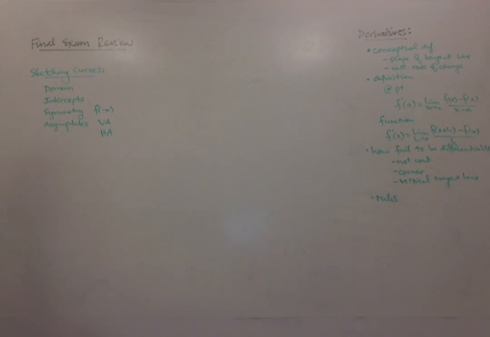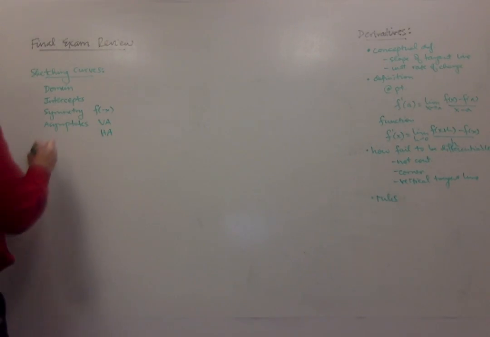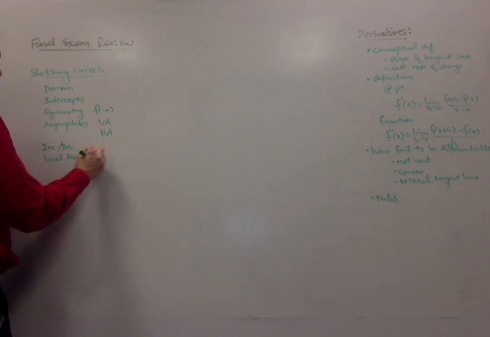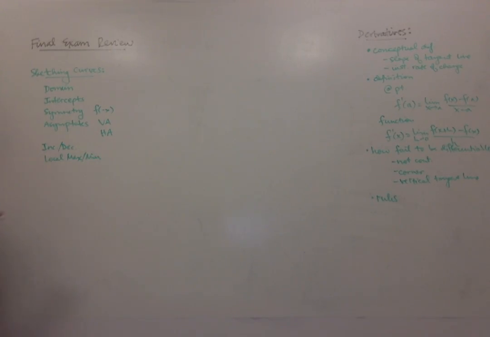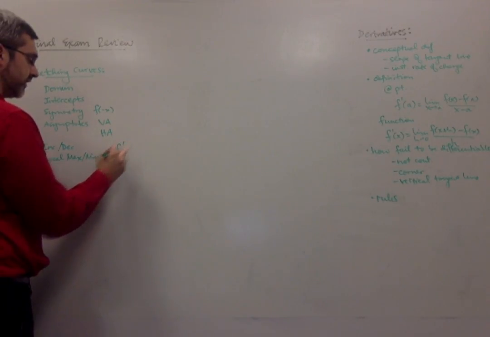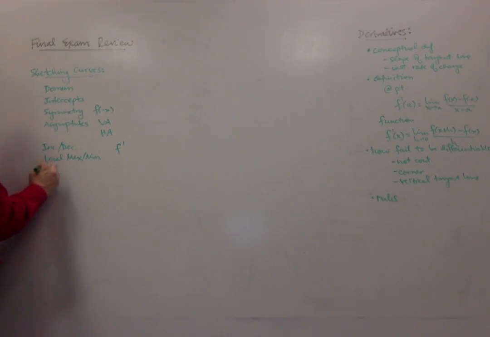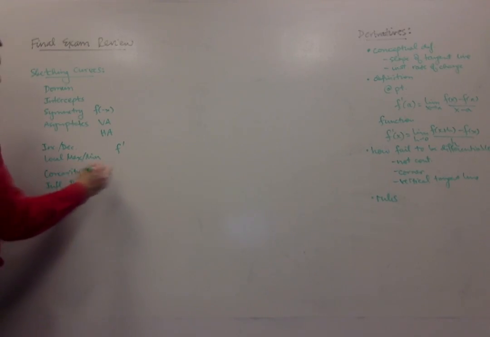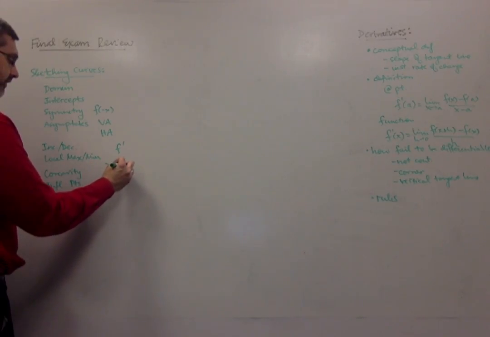That involves the domain, that involves limits at infinity. And then you look at increasing and decreasing and local maxes and mins through the first derivative, right? Take the first derivative, set it equal to 0. Then you look at concavity and inflection points. And that involves the second derivative.